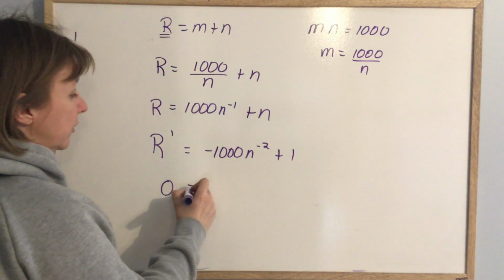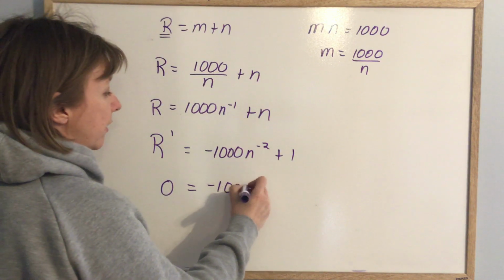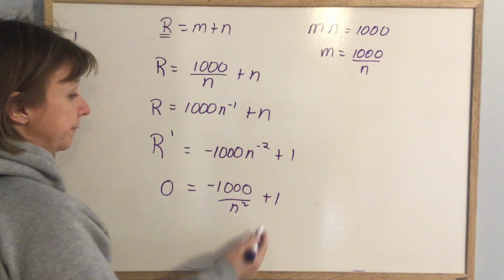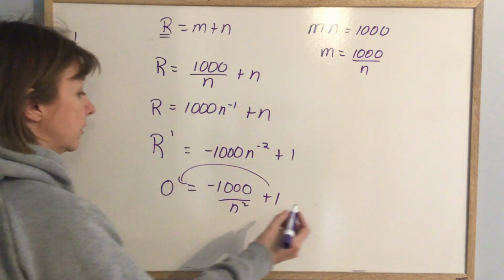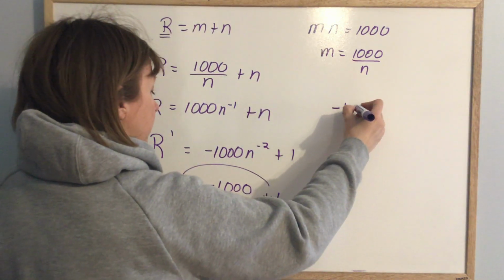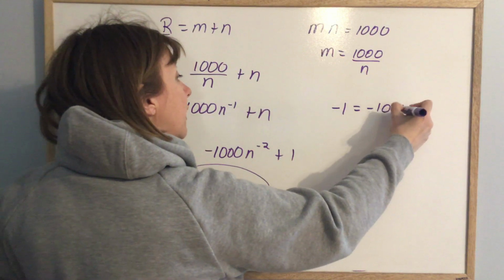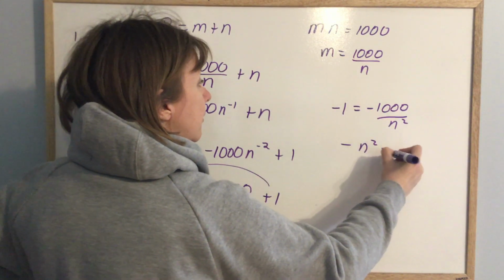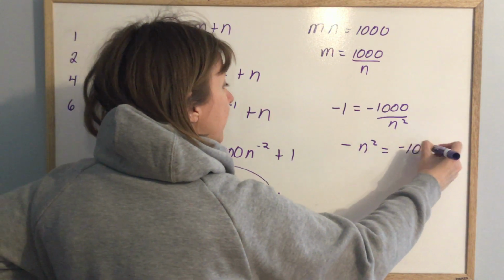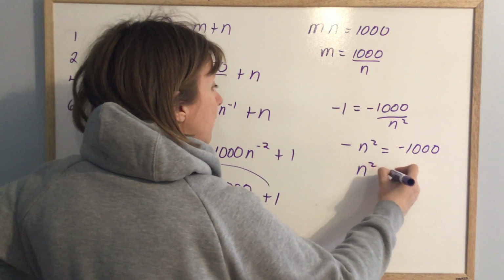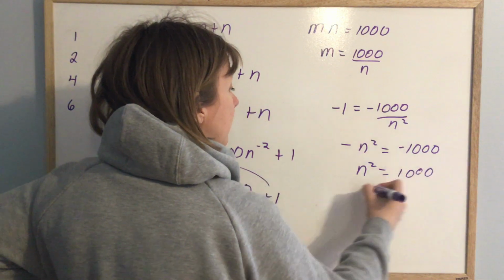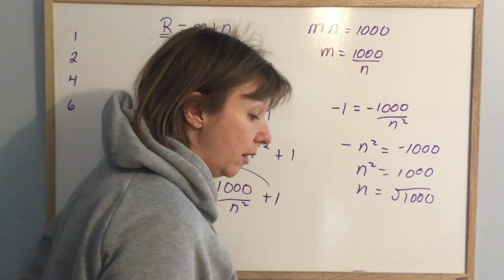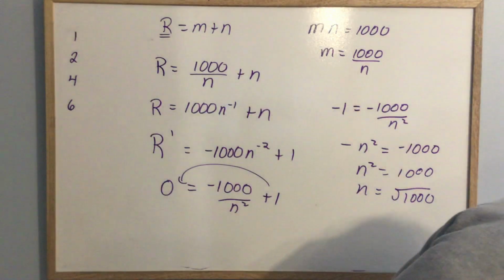I'm going to make it equal to 0, and that's negative 1,000 over N squared plus 1. If I move this over here, I have negative 1 is equal to negative 1,000 over N squared. So negative N squared is equal to negative 1,000. So N squared is 1,000. So N is the square root of 1,000.